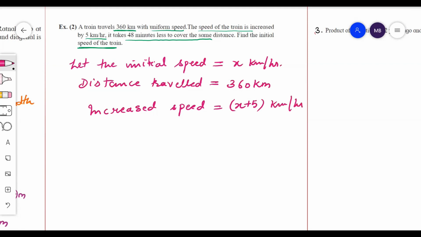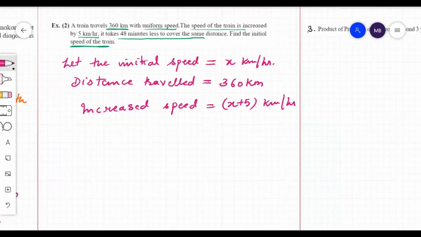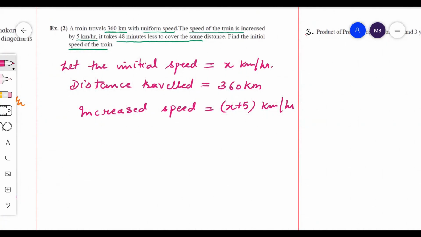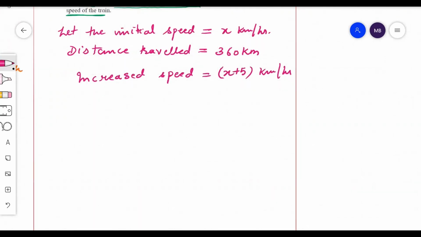kilometer per hour. Right. Now, when the speed is increased, it takes 48 minutes less to cover. That means obviously increased speed will take less time than the initial speed. So what do we write? Time taken by initial speed is more.